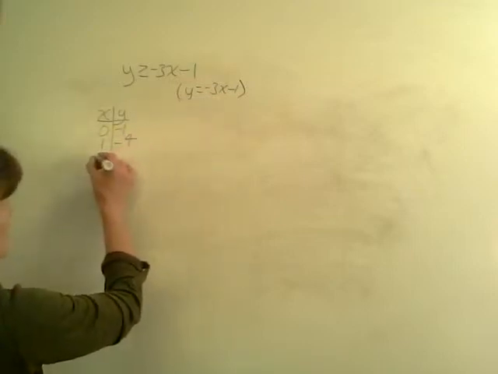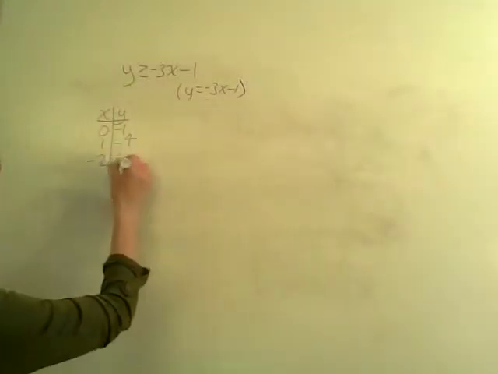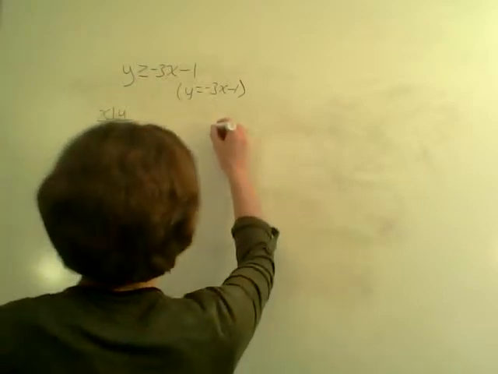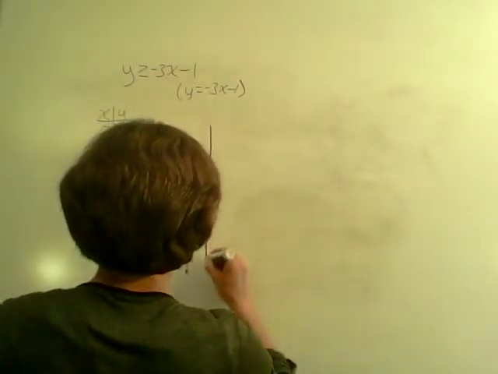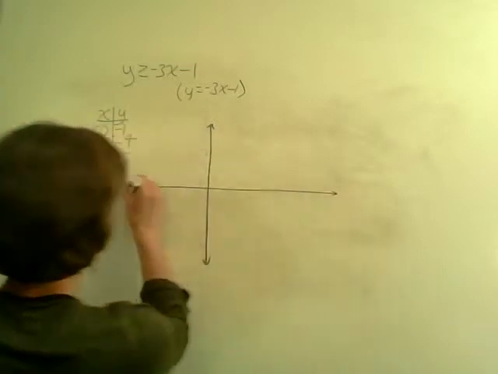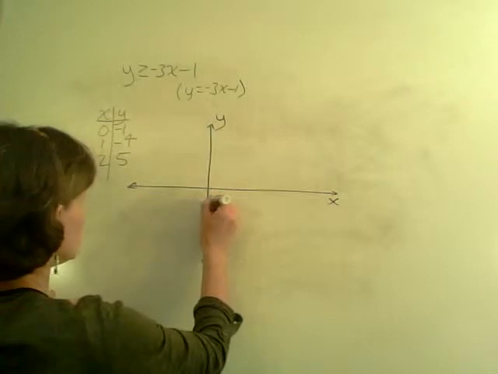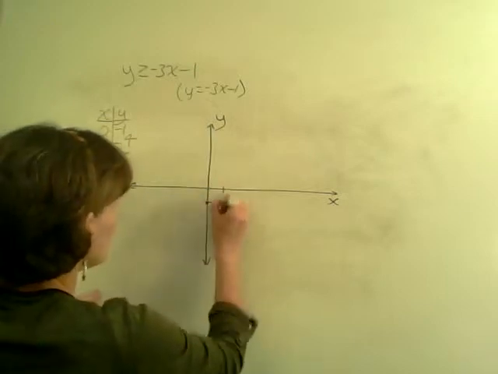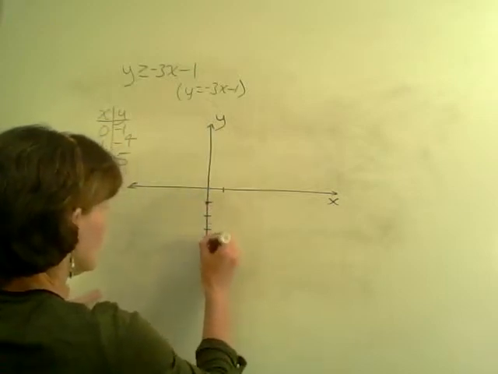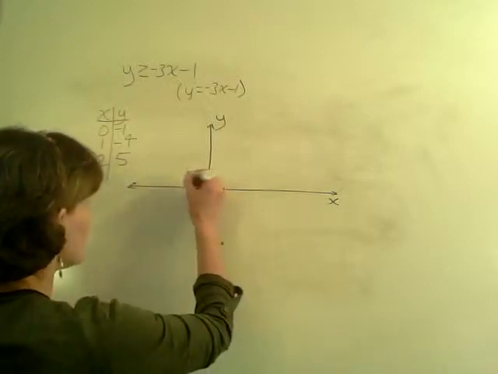And when x is -2, then this becomes 6. 6 minus 1 is 5. So let's graph these points. All right, 0, -1, 1, -4, and -2, 5.